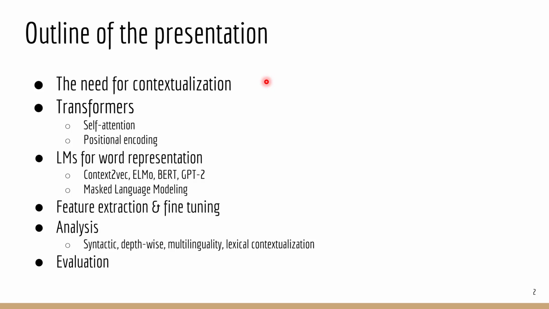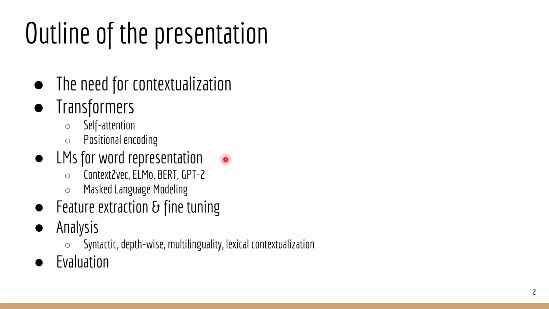We first start with explaining the need for contextualization, or why at all we need to contextualize our word embeddings or any other sort of embedding we have. Then we will describe very briefly the recent neural architecture, the transformer, which is widely used in different areas in natural language processing nowadays, especially in contextualized representation.